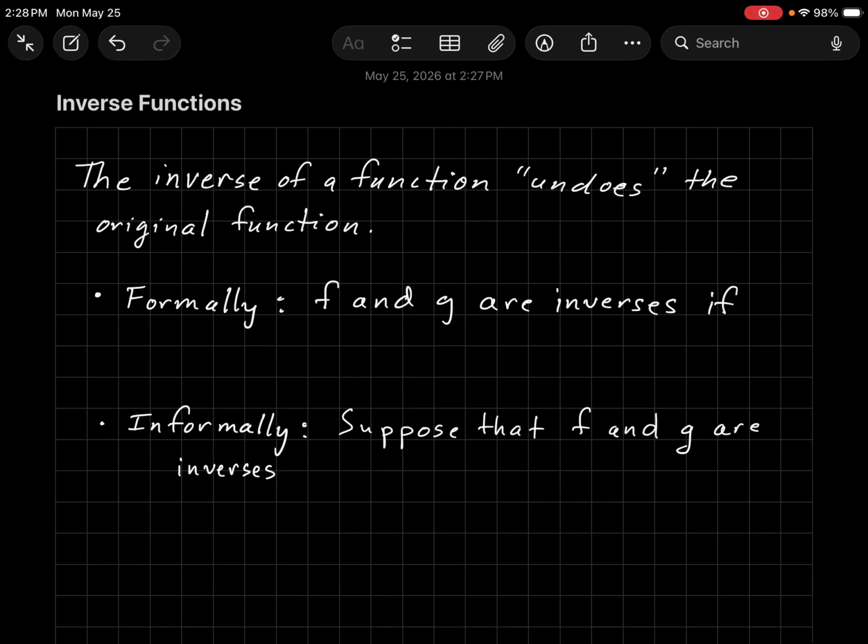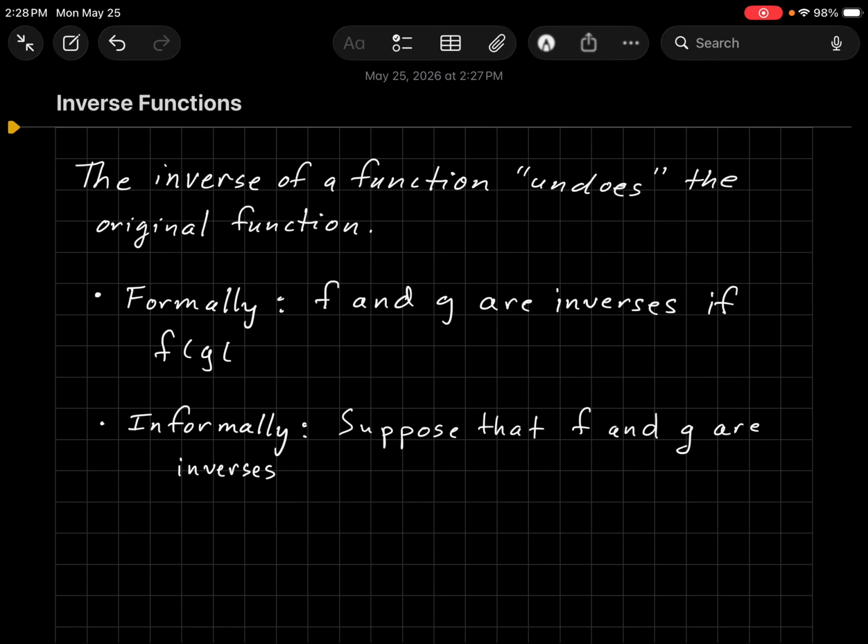Inverse functions. The inverse of a function undoes the original function. What does that mean? Formally, f and g, and we're going to assume that they're both functions, are inverses of each other if the following is true.